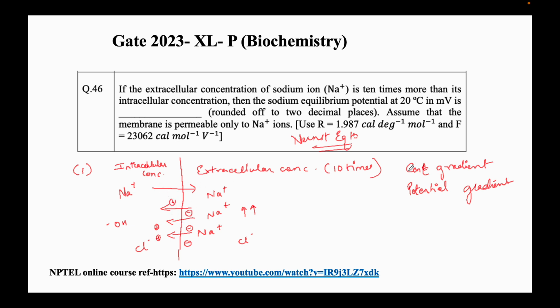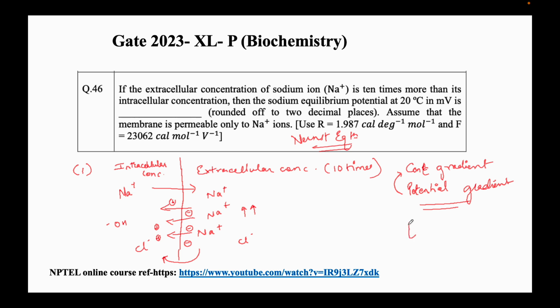This potential gradient is dependent on the concentration. Whenever there is a concentration difference, there will be movement of ions from higher to lower concentration, and whenever there is this movement, we'll get a potential gradient.